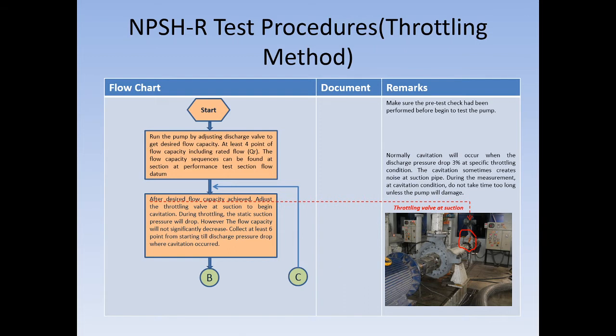So in relation, usually you have a graph like this. You have pressure here, and then you have flow here. And usually it is the difference of pressure between suction and discharge, or we call it delta P.